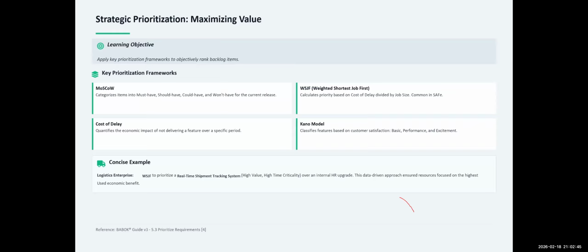So I'm taking time to speak to this because this is actually the crux of backlog refinement. If you don't know how to arrange your backlog items using any of these prioritization methods, then you might struggle a little bit to manage your backlog. Then you'll be seeing everything flying up and down. You'll not be able to explain to your stakeholder why.